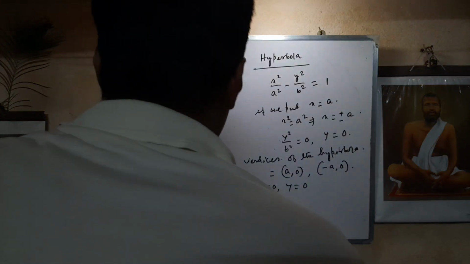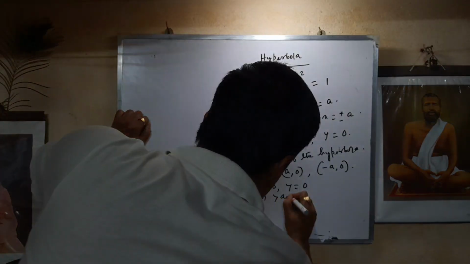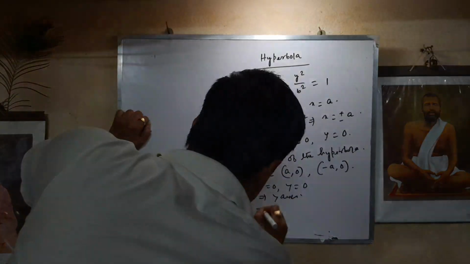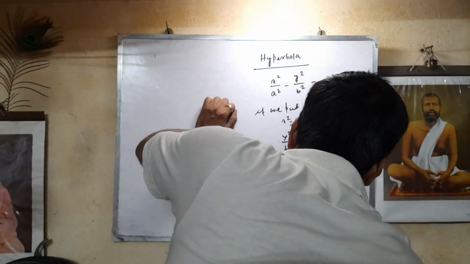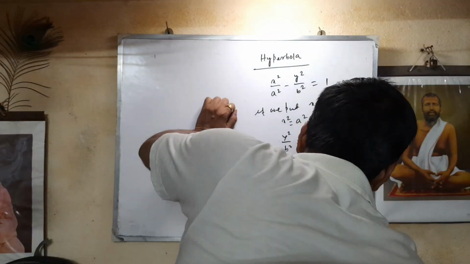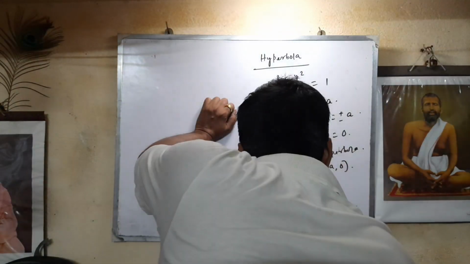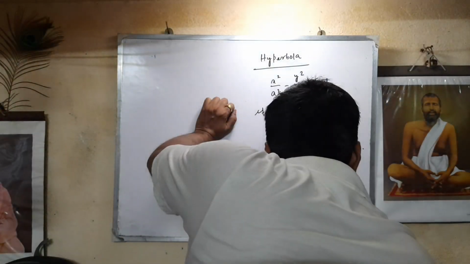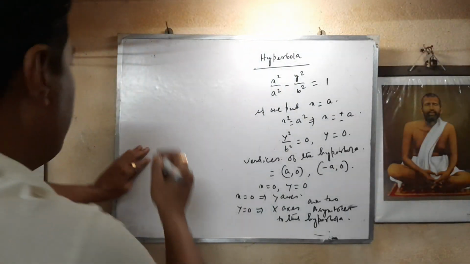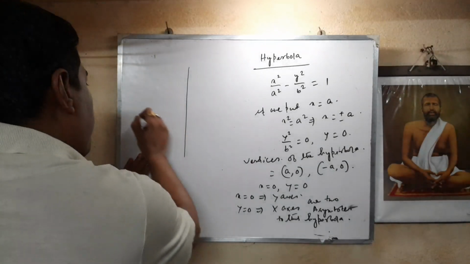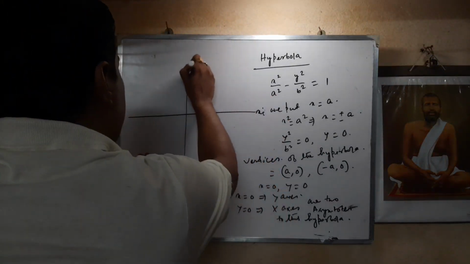So, how will the graph look? X equal to 0, that is the y-axis, and y equal to 0, that is the x-axis, are the two asymptotes to the hyperbola. Now, how will the graph look? It is our x-axis, it is our y-axis.